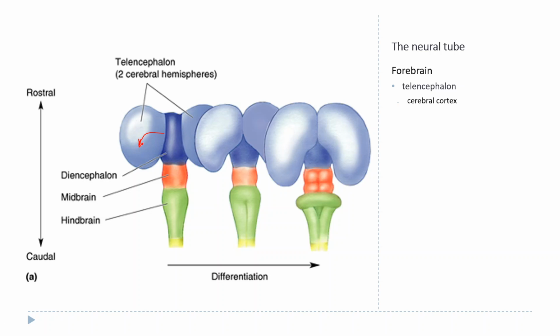And as they get bigger and bigger, we call these two enlargements the telencephalon. Telencephalon just means kind of end brain. And eventually, these will turn into the cerebral hemispheres. They get bigger and bigger and start growing backwards and folding up over the rest of the brain. But again, they eventually form the cerebral cortex.